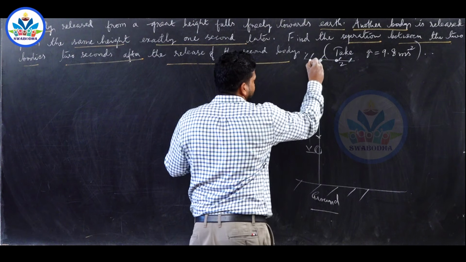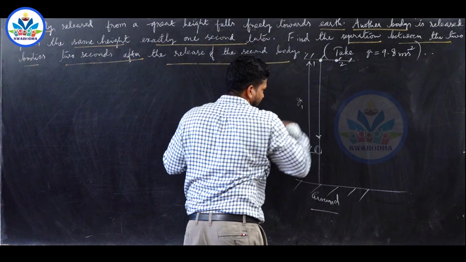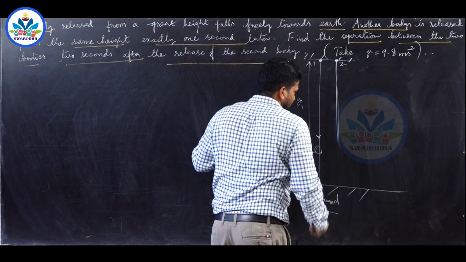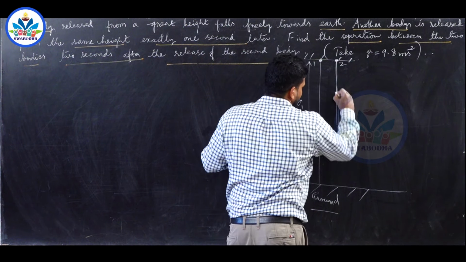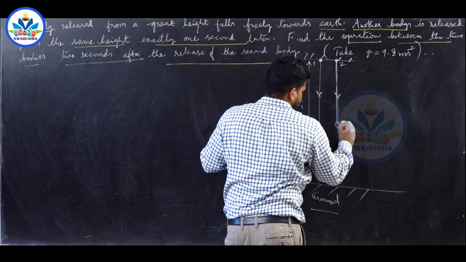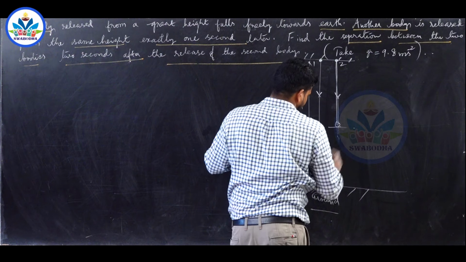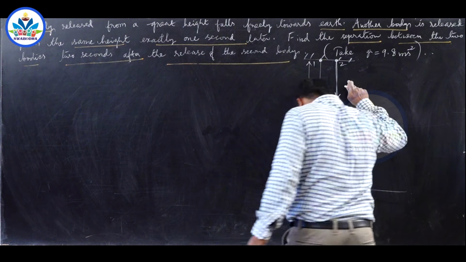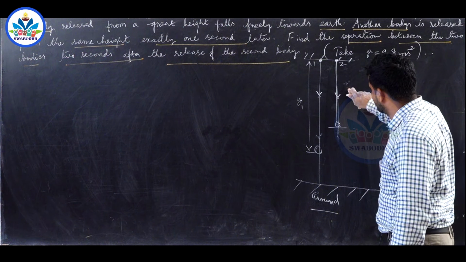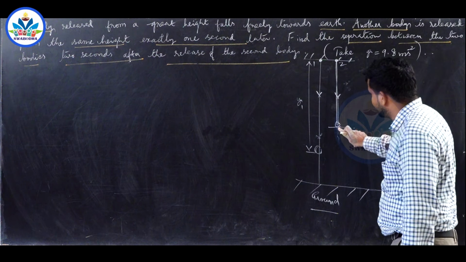This is the displacement travelled, let it be y1. This is also freely falling. Somewhere here, imagine somewhere here. After 2 seconds, imagine the second body was here.